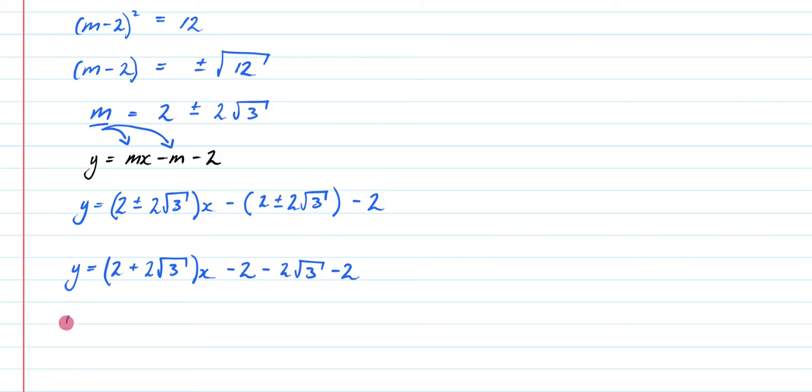So I'm going to be left with y equals 2 plus 2 the square root of 3, close brackets, x, minus 4 minus 2 the square root of 3. So that's what happens when I let the sign in front of my square root be a positive. So don't get that mixed up. So that's going to be one of my straight lines.